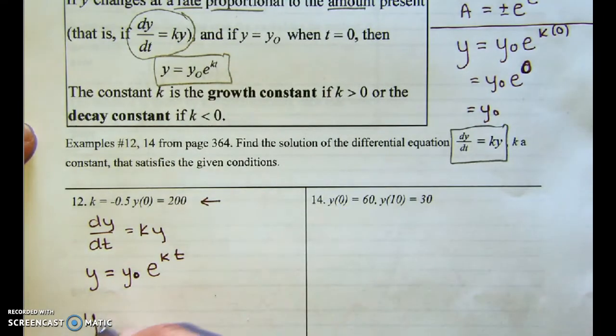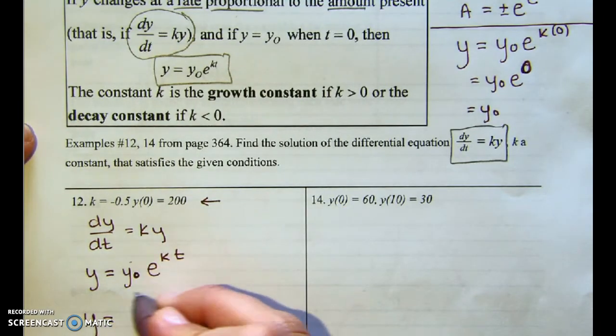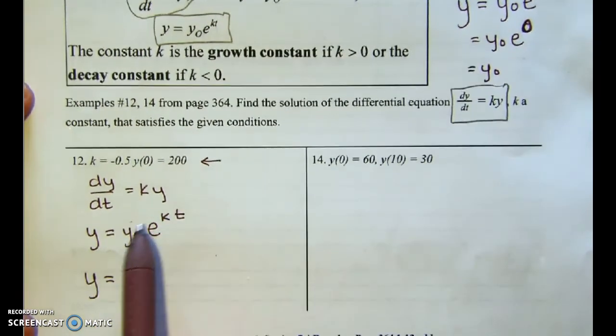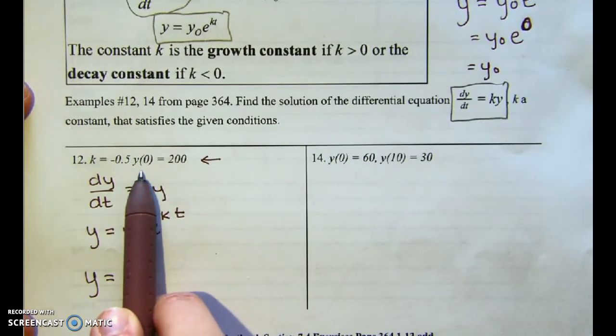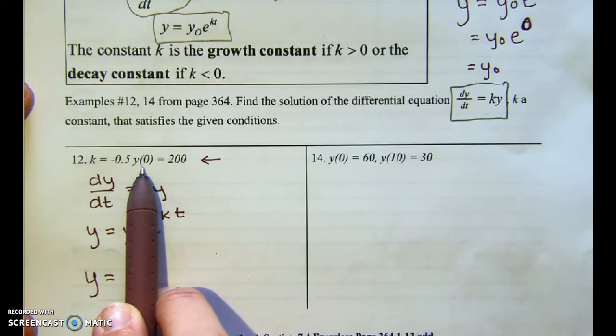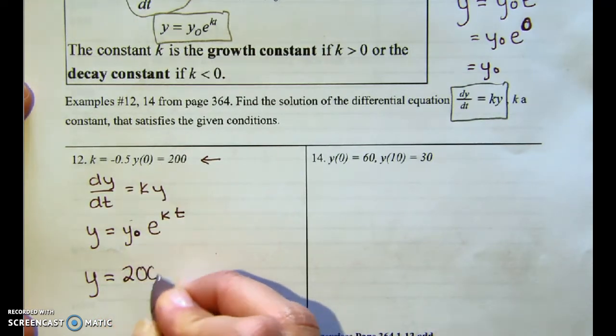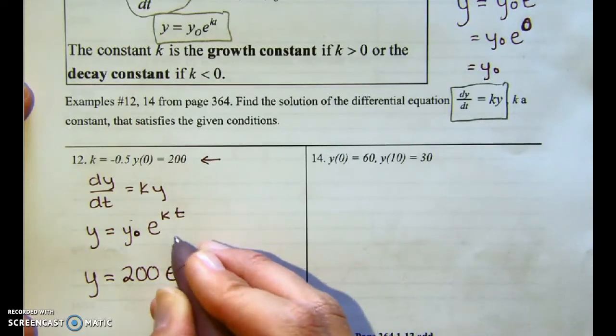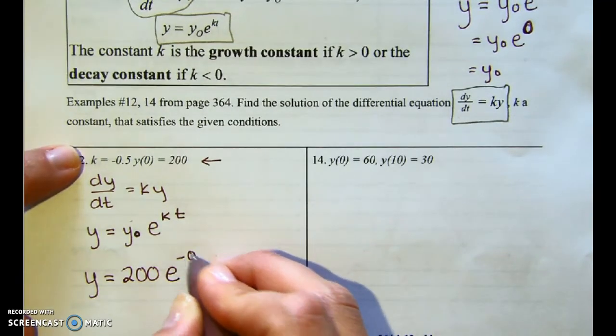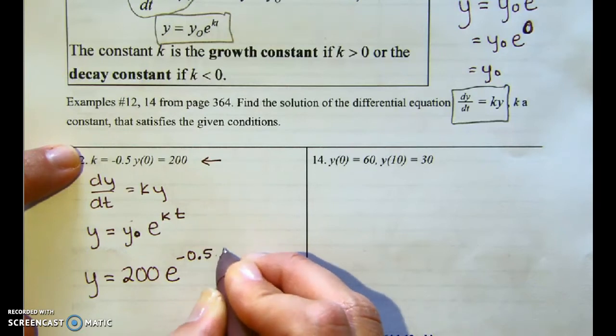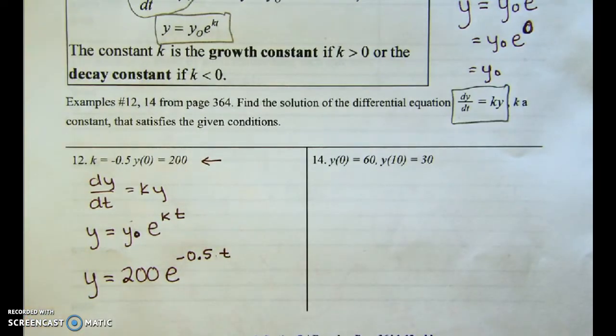Don't think too hard. What is the starting amount? So what was y naught? Do you see how it says y of 0? So y of 0 is 200. They gave us the starting amount, and e to the k. What's k? They gave us that. Okay, that's it. That's number 12.